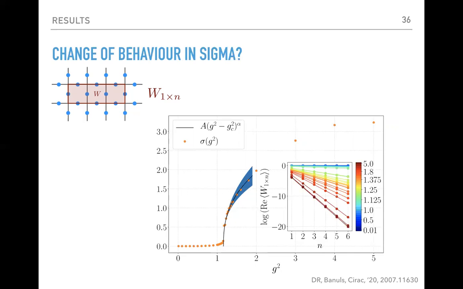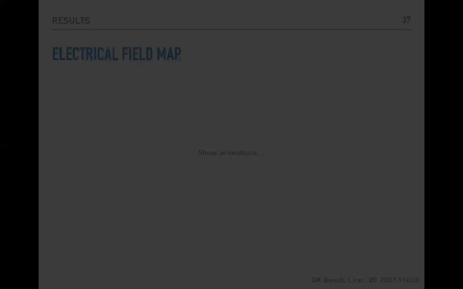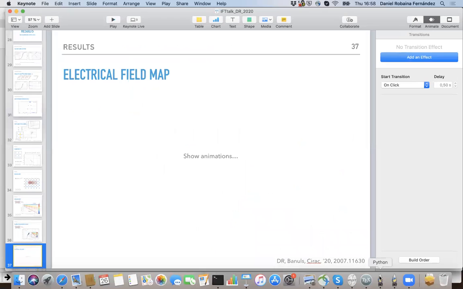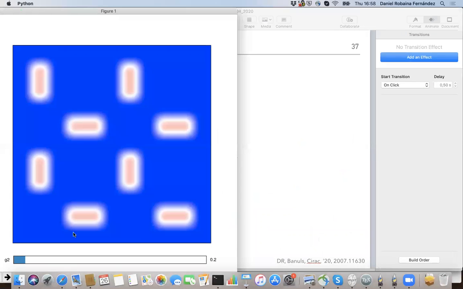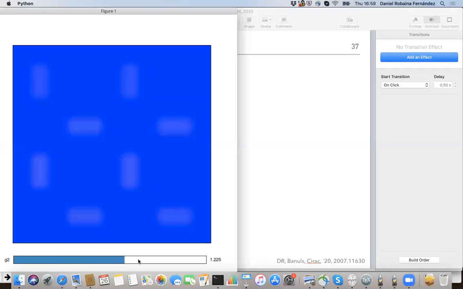Yeah. So now maybe I can show you very quickly these electric field maps that I had fun building. So these are our unit cells. These are the links of our unit cell. This is just a pictorial representation. And so here is g squared. And as I increase g squared, the value on the links starts to decrease until they disappear completely because they are 0.